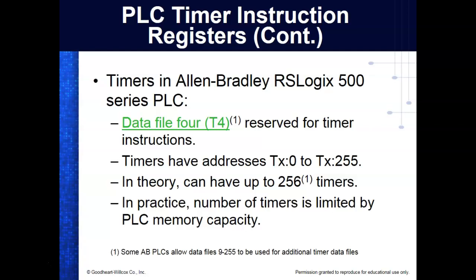Then I would put the timer number, right? And of course, what actually limits the amount of timers you can put into a program? It's how much memory you have in your PLC, right? Because every timer takes up 3 words of memory.